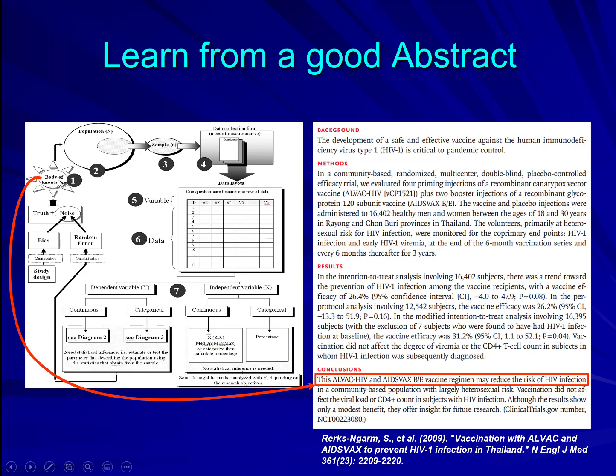So I put here the body of knowledge. Usually the body of knowledge is universal. That means from number 1, we aim to apply it to larger populations, not only the study sample. So the first term in statistics is: what is the population?